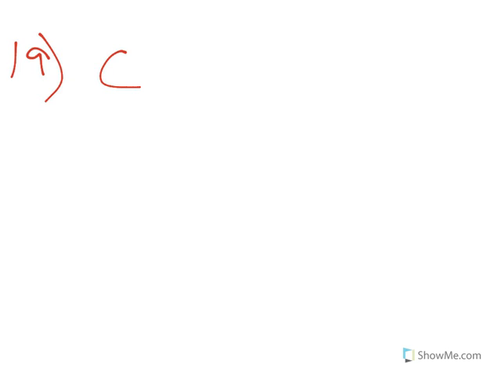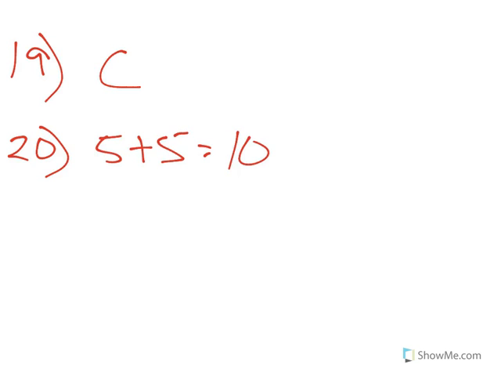20. Compared to the total resistance of two 5-ohm resistors connected in series, the total resistance of two 5-ohm resistors connected in parallel is, well, let's check this out. If we connect them in series, it would be 5 plus 5 equals 10. If we connect them in parallel, it'll be 1 over 5 plus 1 over 5 equals 1 over R total.